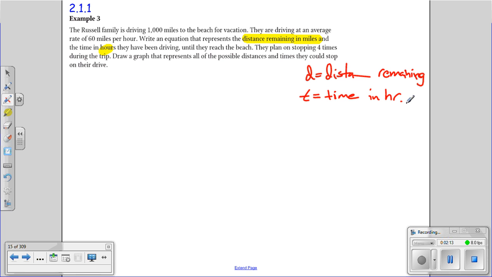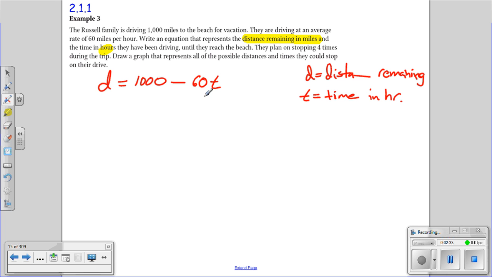So the equation I'm going to come up with is for the distance remaining. Now, when you start off, you have 1,000 miles to start off with. From there, your remaining distance decreases because you're getting closer to your end target. And it's getting closer by a rate of 60 miles per hour, okay?